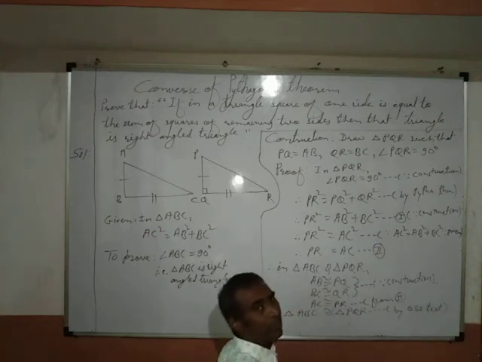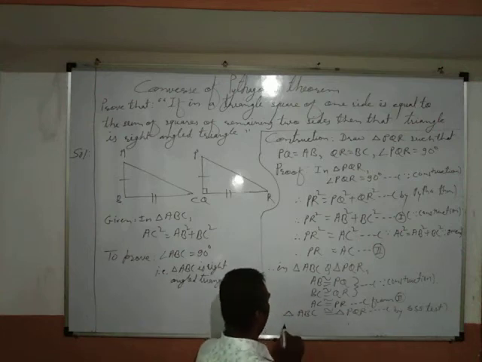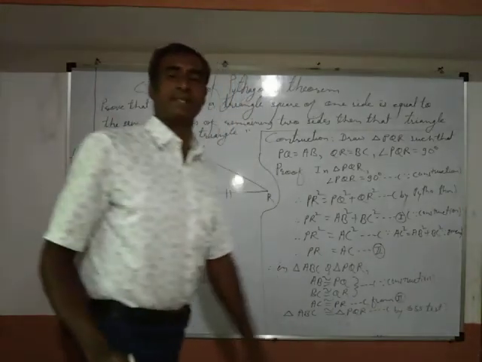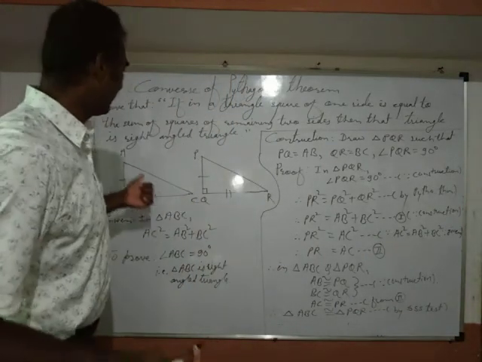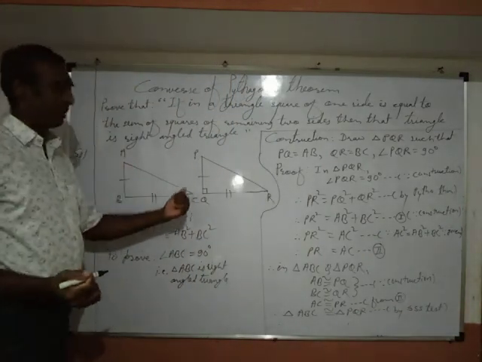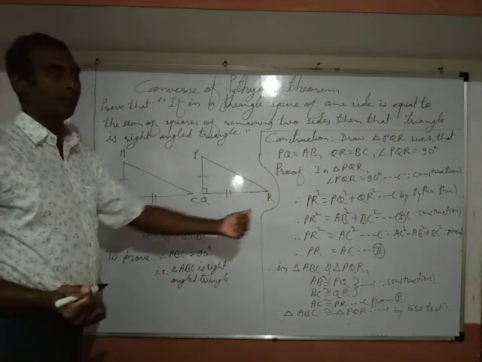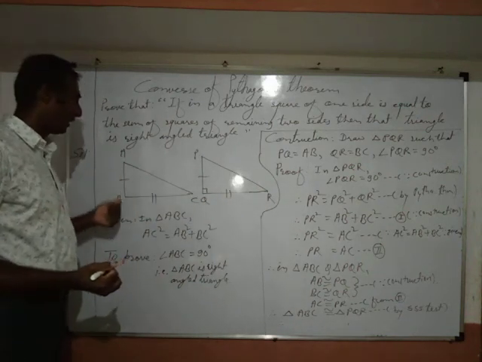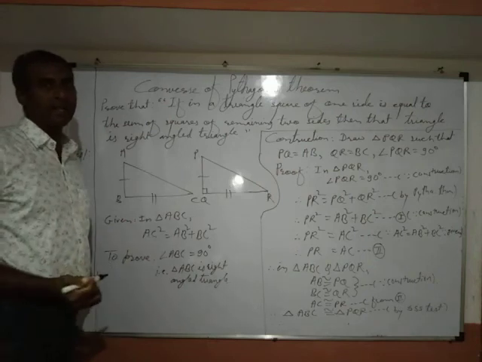And we know that if two triangles are congruent, then their corresponding angles are congruent and corresponding sides are congruent. We are only interested in angle ABC and its corresponding angle PQR because we want to prove angle ABC has measure 90 degrees.